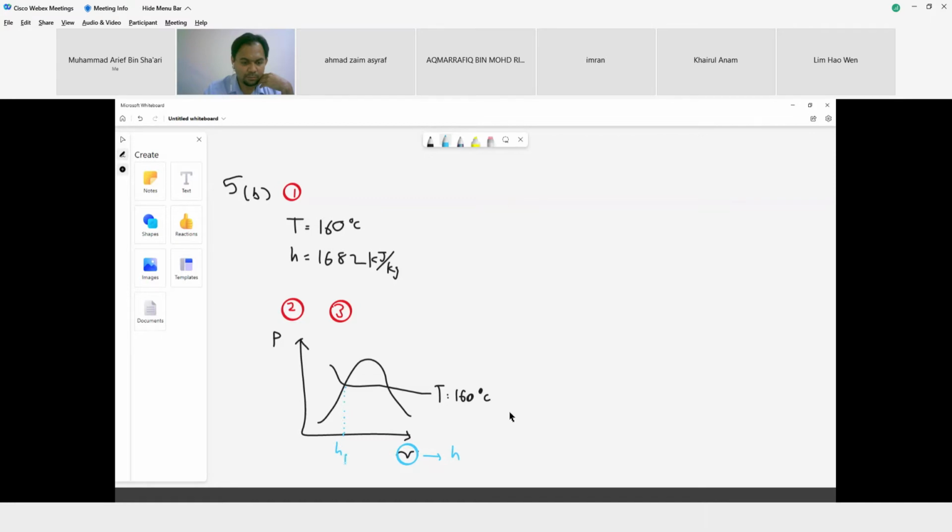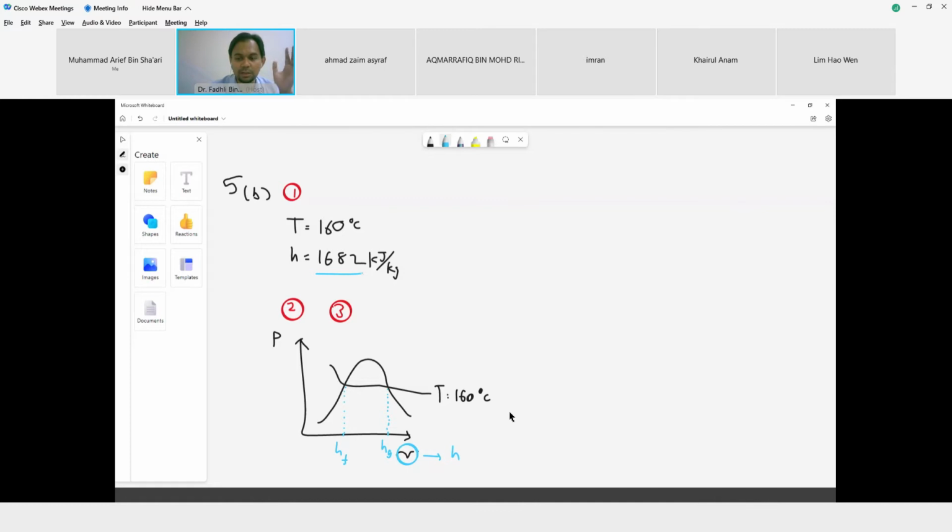F and this value HG. Why? Because we need at least one or two values in order to determine the position, the location of 1682.